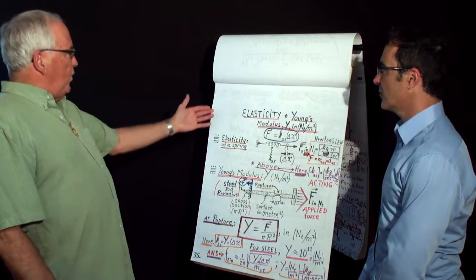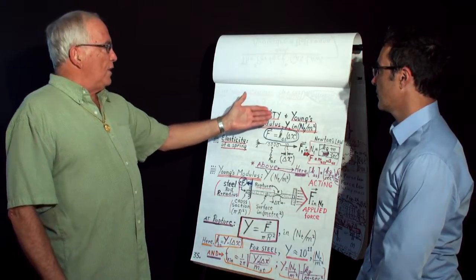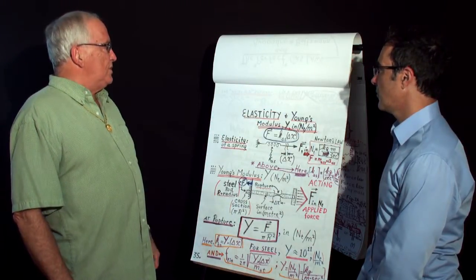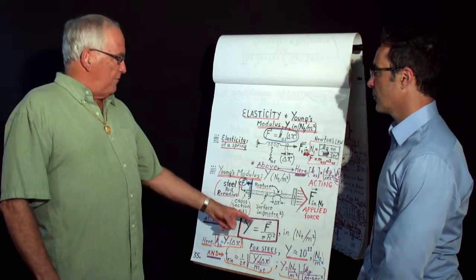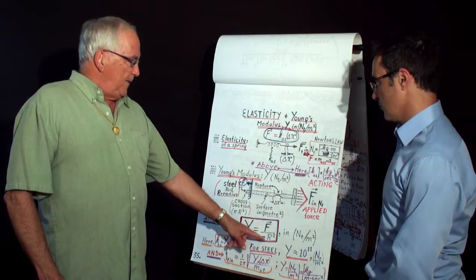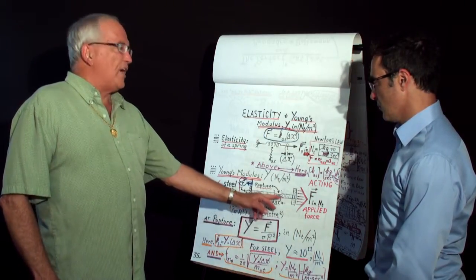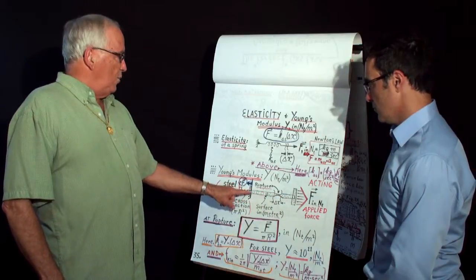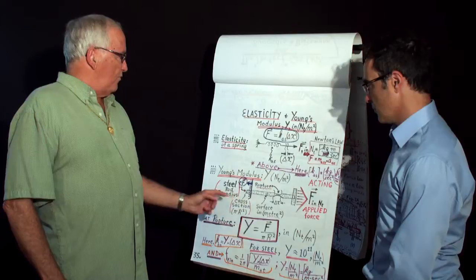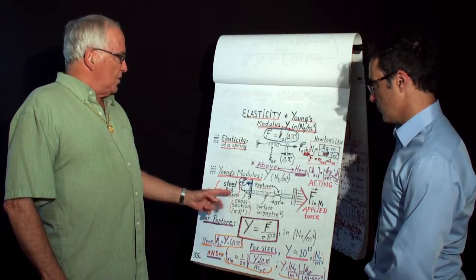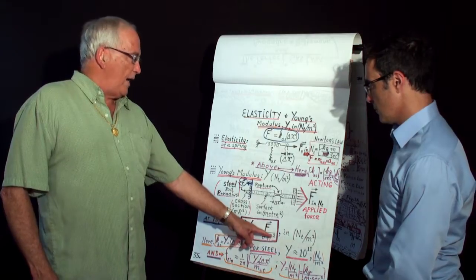I'm going to say a few words about the elasticity and what we call Young's modulus. Young's modulus is a measure of the force per surface area necessary to break something. Let's say this would be a steel rod, for instance, of radius r. So the cross section would be pi r squared.